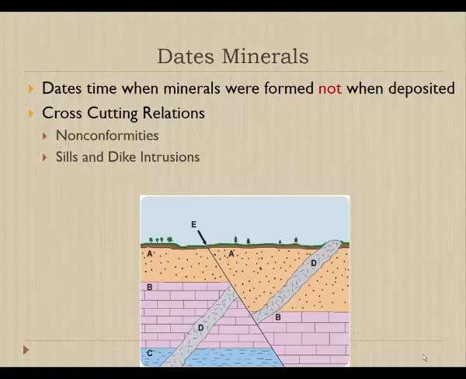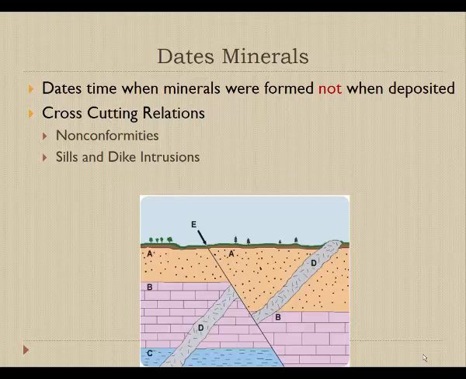For instance, if we had a sill or dike that was cutting through a particular layer, we know from relative dating that that dike must be younger than the material that it intruded into.